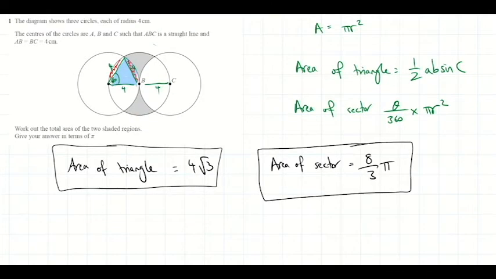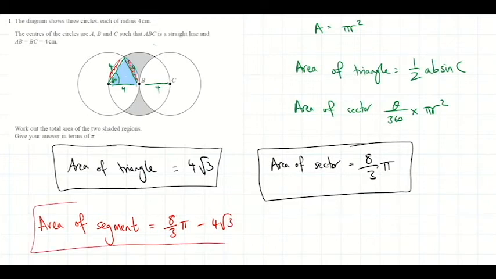So working out the area of this little segment, which I've coloured in red, it's the area of the sector minus the area of the triangle. That becomes 8 over 3 pi minus 4 root 3 for the segment, which is in red.